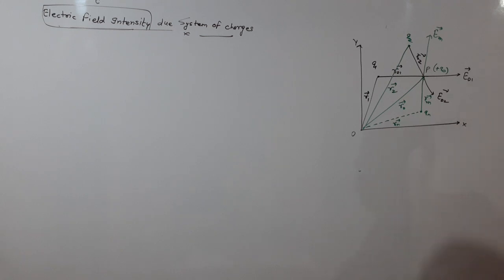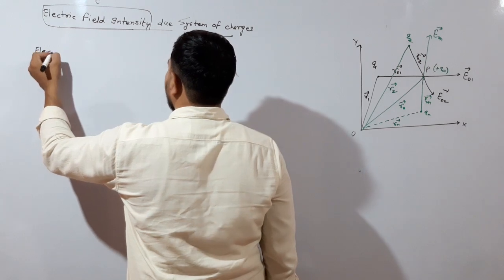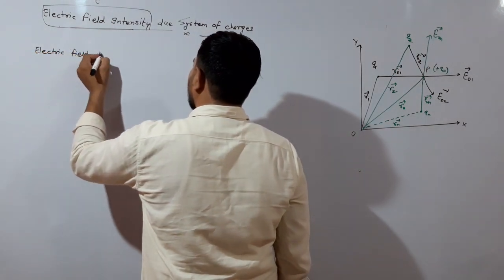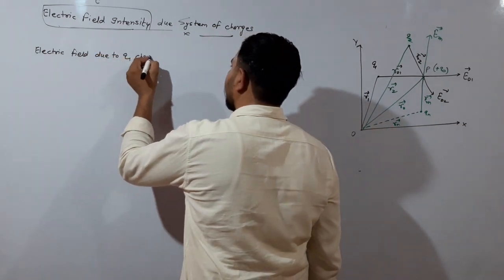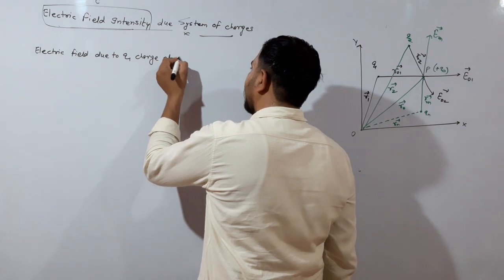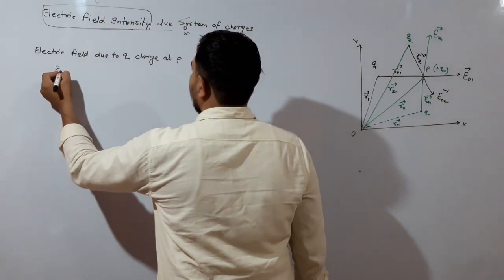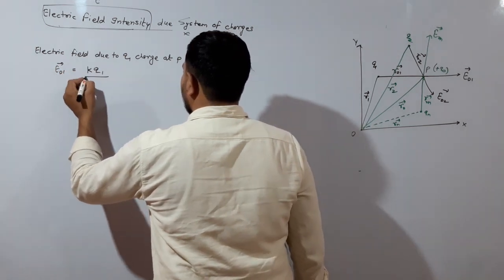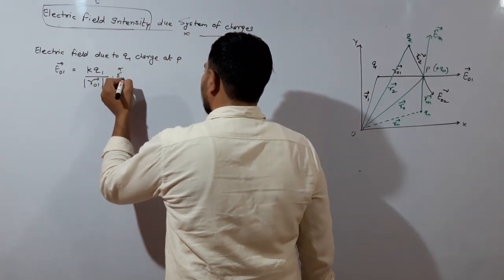So the electric field due to Q1 charge at P: E naught 1 is equal to KQ1 upon r naught 1 square, cap of r naught 1.